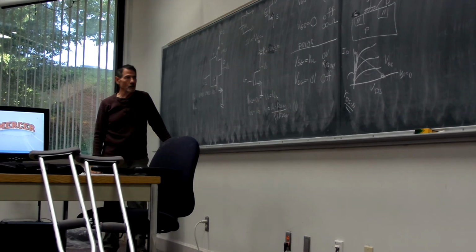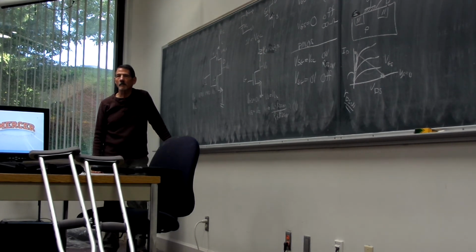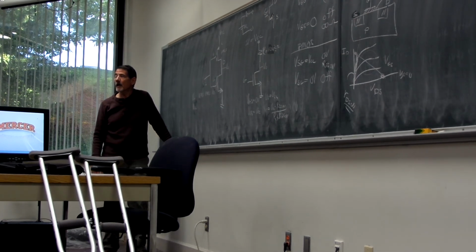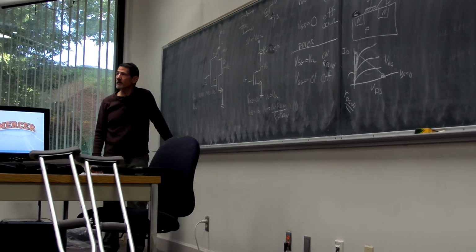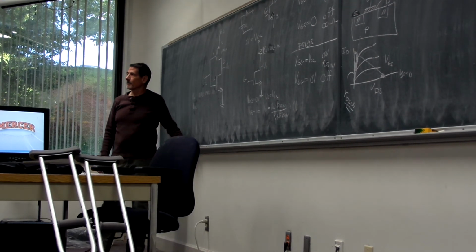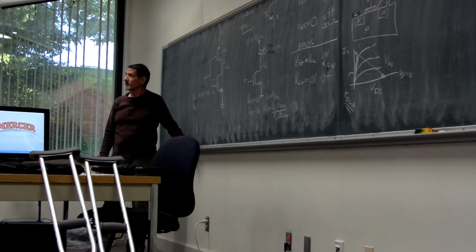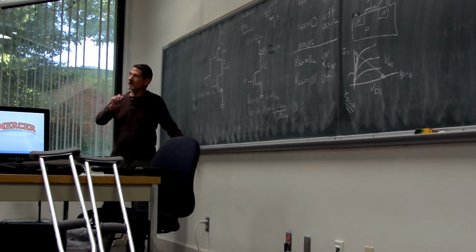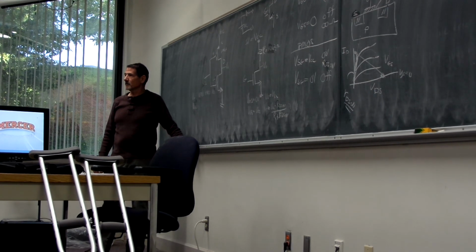What's its gate voltage? I've got it listed right there. How much voltage is at its gate? VCC. What voltage is at its source? Ground. Ground is 0. What is the gate to source voltage? VCC. Is it on or off? On.